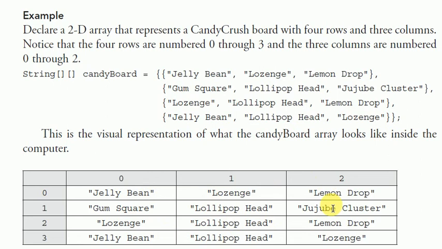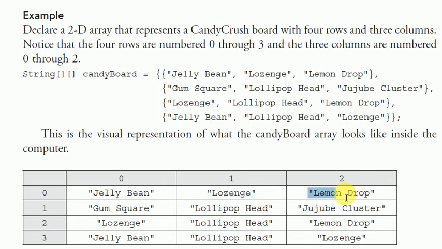And as we know that in Java, the index number starts with 0. So the first value, like this value, will have index 0, 0, meaning 0 row and 0 column. And then this will be 0, 1, like 0 row, because the row is the same, and the column is now the next one, 1. And this will become 0, 2.